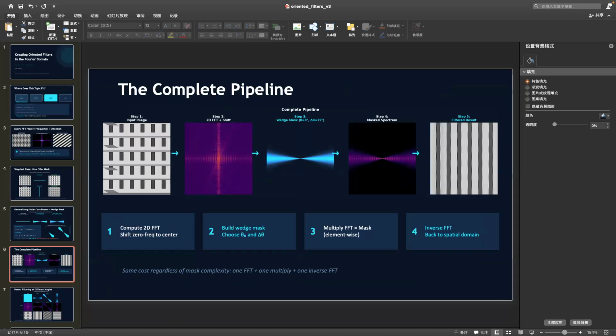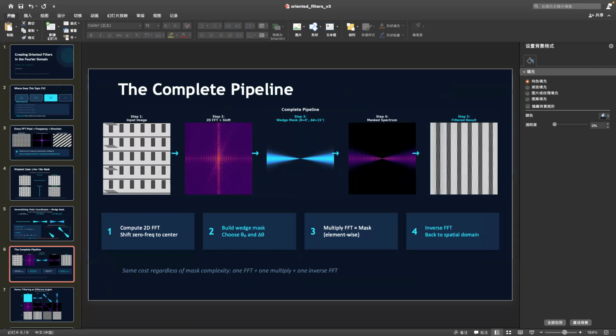So here is the full process, step by step. Step one, take your image, compute the 2D FFT, and shift it so zero frequency is at the center. Step two, build your wedge mask.